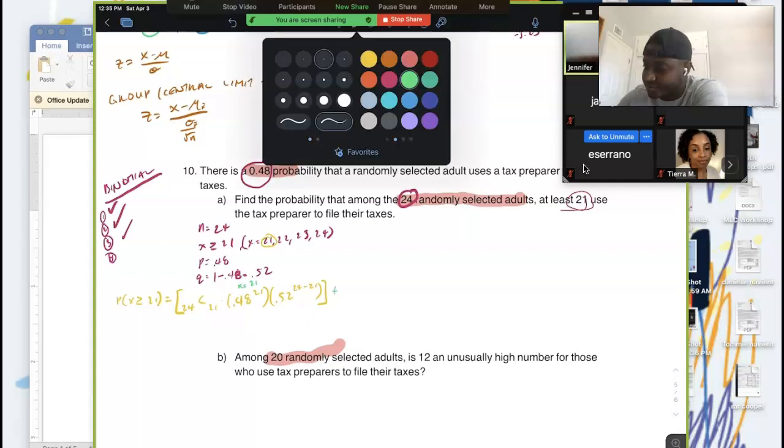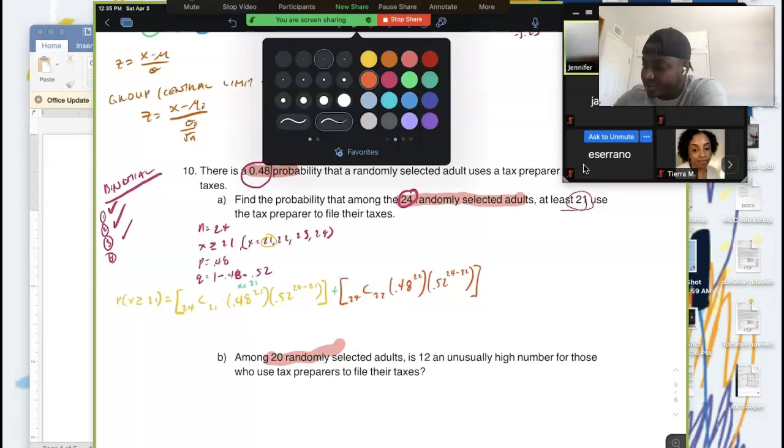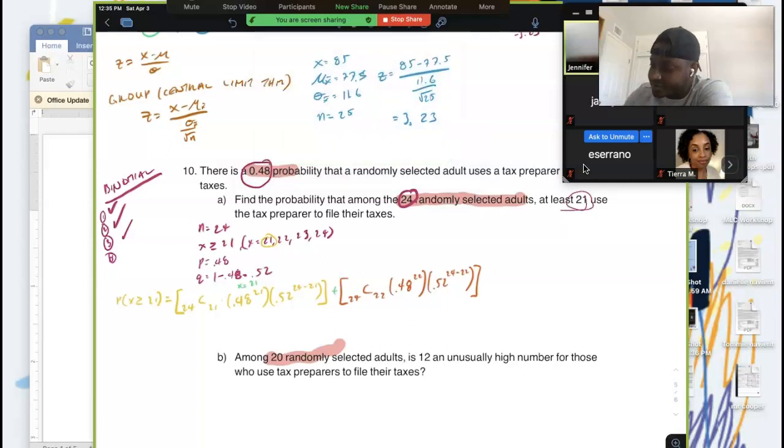Plus, I'll do a different color, 24 choose 22. Then you have 0.48 to the 22nd, 0.52 to the 24 minus 22. And this is when x is equal to 22.